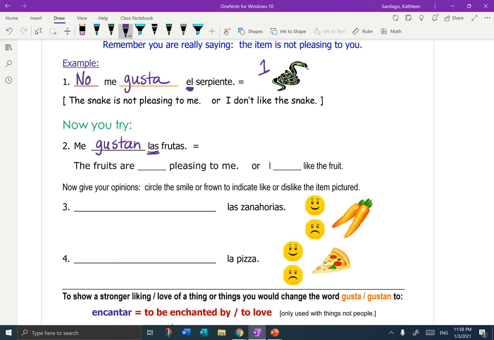Now, to make it negative and say the fruits are not pleasing to me or I don't like the fruits, you have to write next to it, no me gustan las frutas. Okay, and here's the negation.